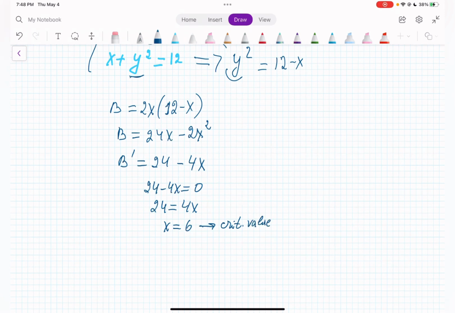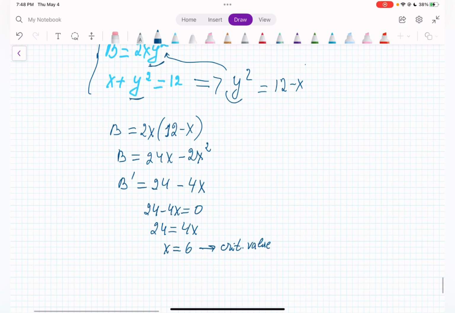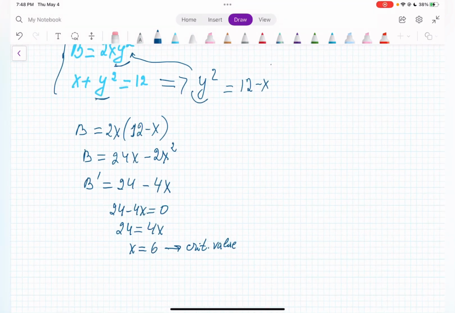Now the question is, is this critical value a maximum or a minimum? Instead of testing points like I explained in the previous problem, we will find the second derivative, which will be easier to work with. The second derivative, it's a habit not to put of x, but we understand it's the second derivative of x.